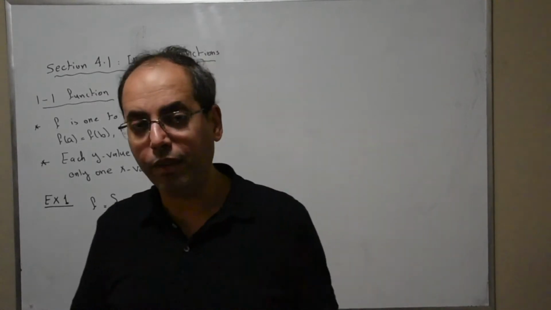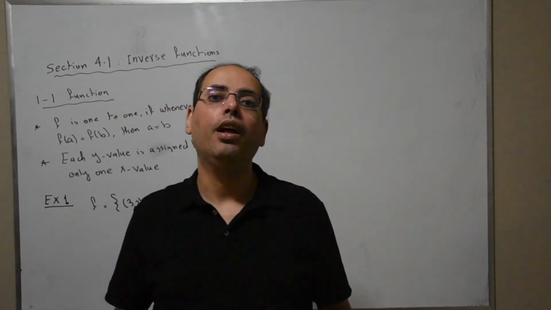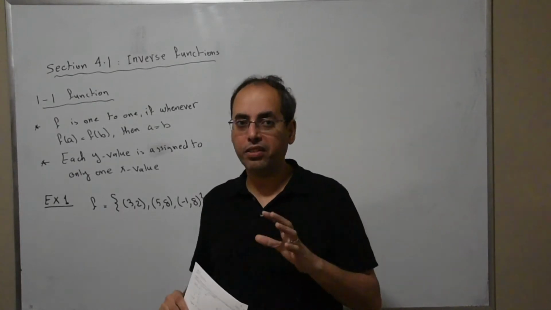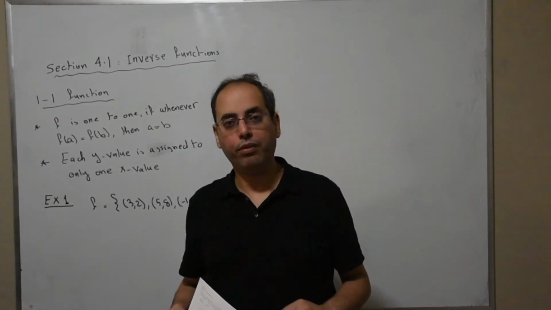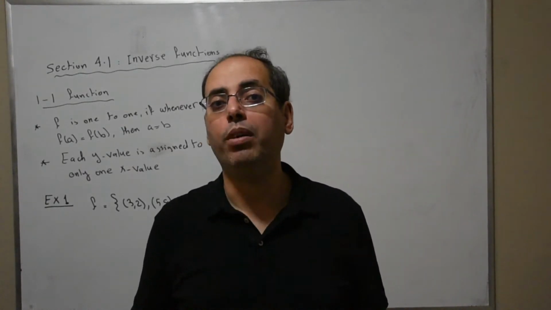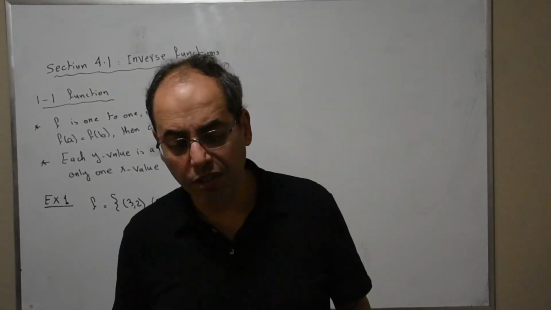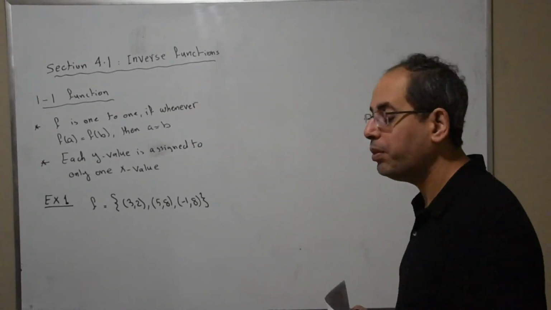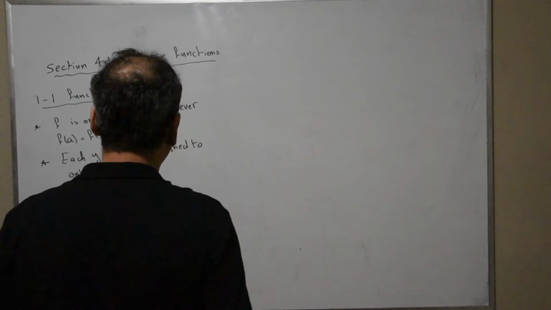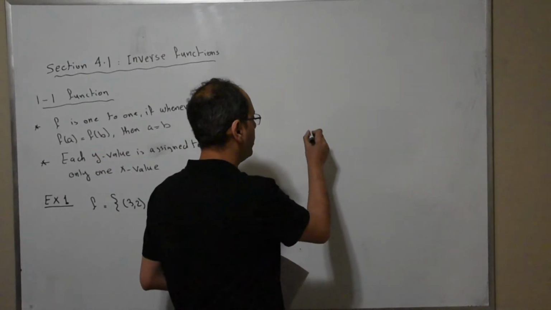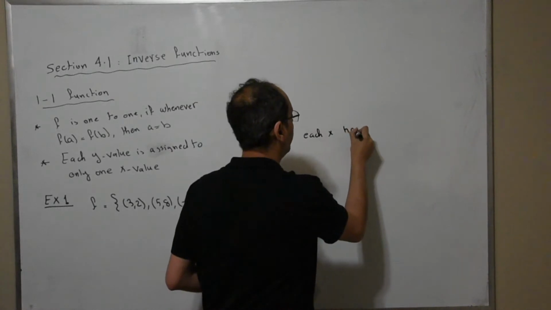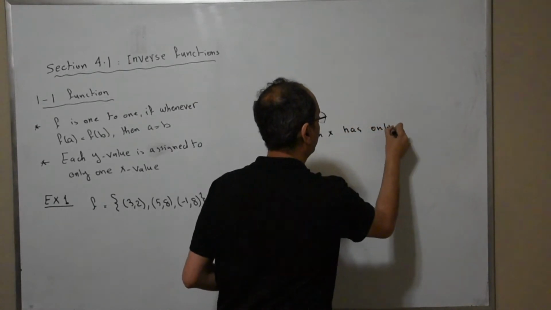Before going to the inverse function, we have to discuss some properties or some conditions that must be in the inverse function. The first property is that the function must be one-to-one. What does one-to-one mean? Before, we talked about a function, where each x has only one y value.